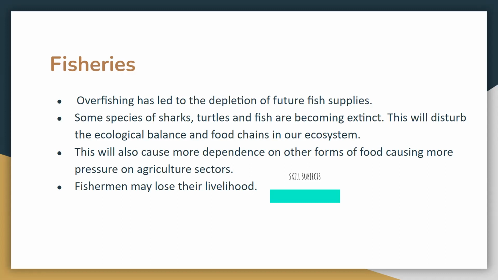Again, all this is going to lead to pressure on another sector, that is the agriculture sector. Fishermen may lose their livelihood because this is a huge industry. And if we overfish, overfishing is going to lead to loss of livelihood for the fishermen as well.